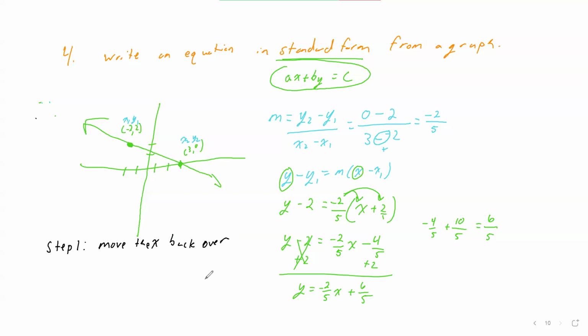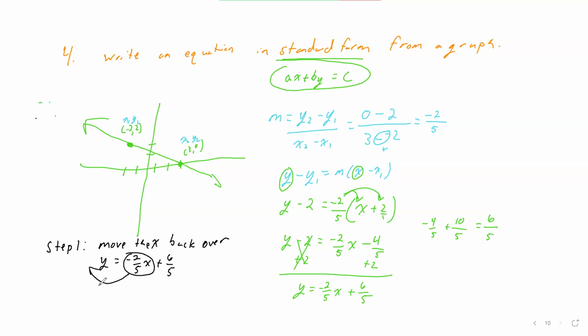So if I have y equals negative 2/5 x plus 6/5, how do I move this guy over? Just like when the x was over here and we moved it, what do we do with its sign? We change the sign.